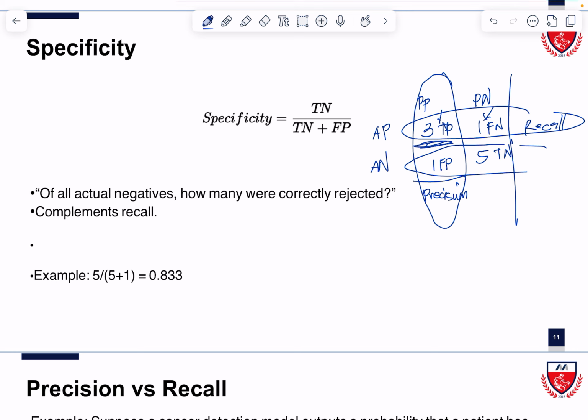In this case, we have the specificity as this one. Of all actual negatives, of all the healthy patients, ilan yung correctly rejected? That is 5 out of 6. That means 5 out of 6 patients were correctly classified as healthy, meaning that is 83.3% specificity.